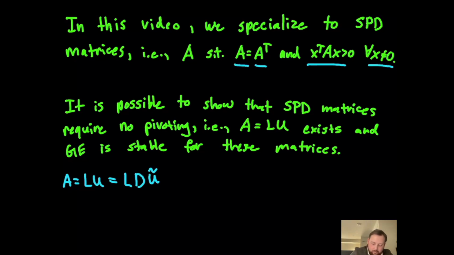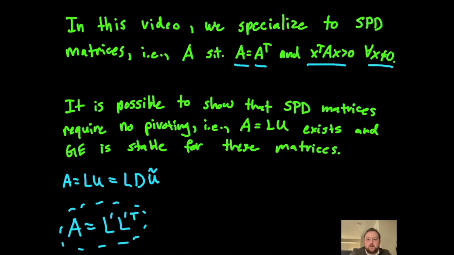For us, it's going to be important that we can do this, because we're going to take advantage of it to arrive at the Cholesky decomposition. So what is my next step? By the way, what I'm trying to arrive at is that I want to write A as the product of a lower triangular matrix, I'll call it L prime, and the same lower triangular matrix transposed. That's my goal, so I'm going to circle that.